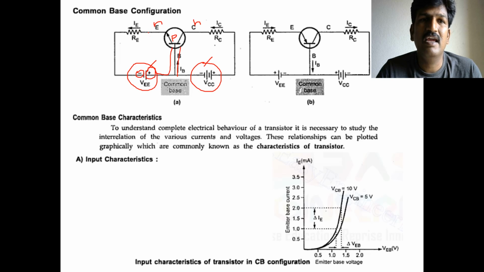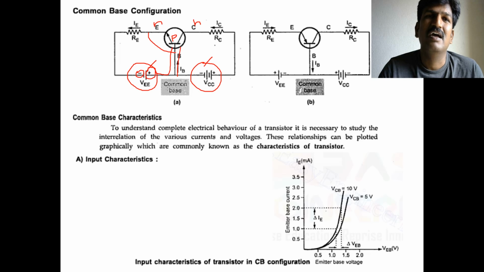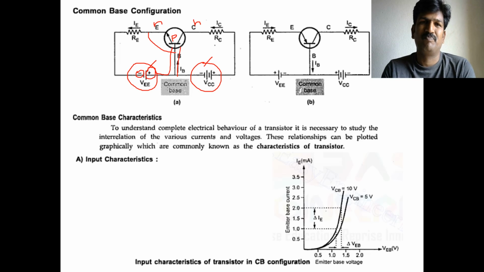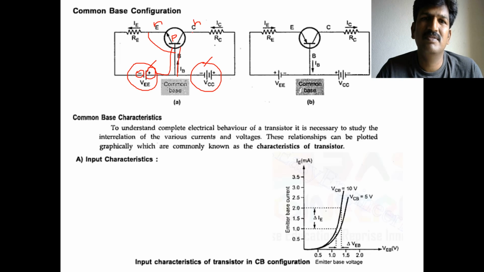Then you can say the junction between the base and emitter, that is the emitter base junction, is going to become forward biased. Corresponding to the collector to base junction, having the power supply like this externally, plus terminal to the N-type material, which is acting like a collector, and minus terminal connected to the P-type material, which is acting like the base.